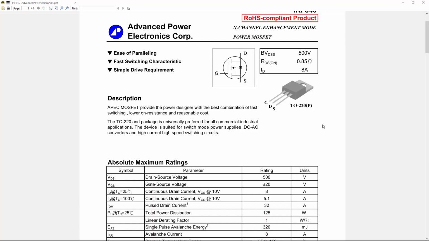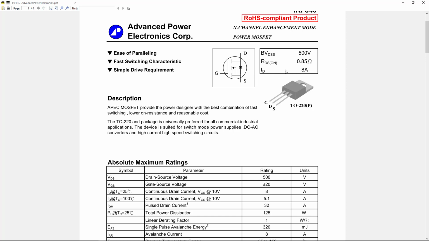Okay, now if we look at the data sheet of this MOSFET here, we can clearly see from the get-go we have RDS(on). That is the on resistance, the contact resistance for the switch. It says RDS(on) is equal to 0.85.